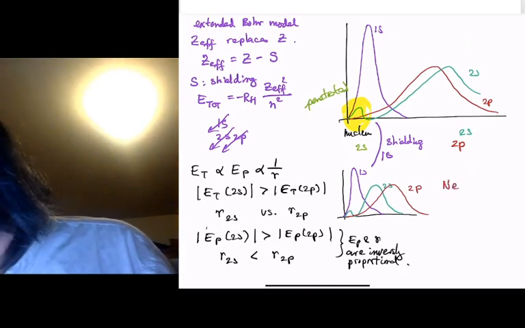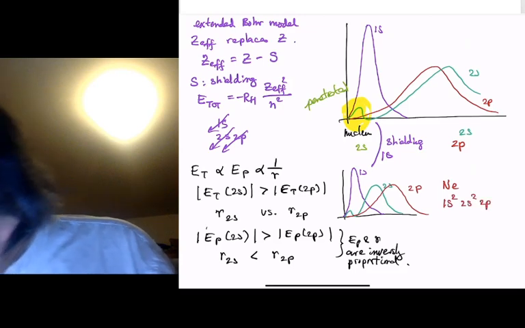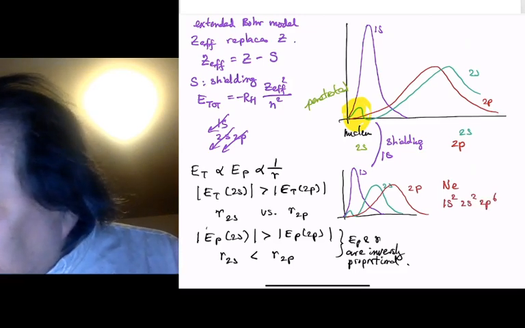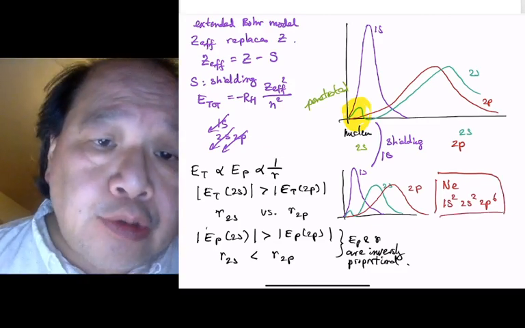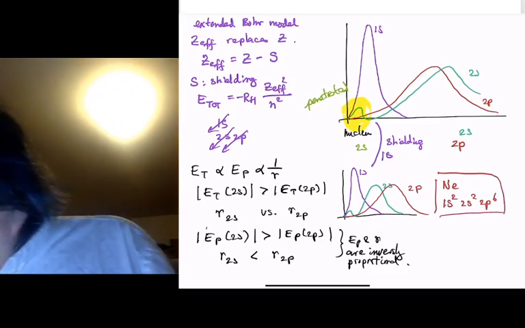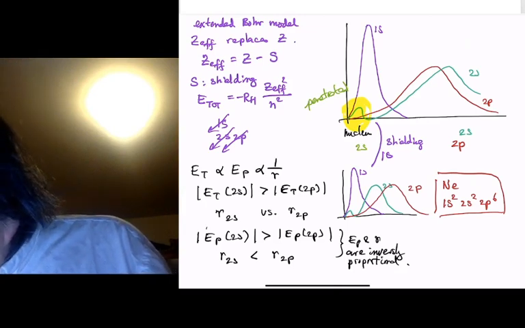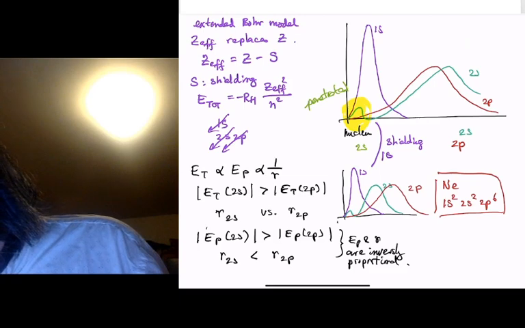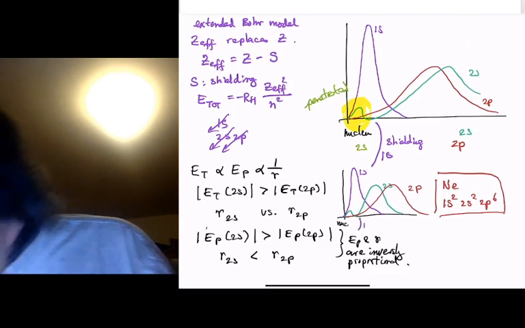And neon is 1s2, 2s2, 2p6. And in this new picture, can you see that now 2p, here I'll draw it right here. Here's the nucleus. Here's the first shield caused by the 1s.